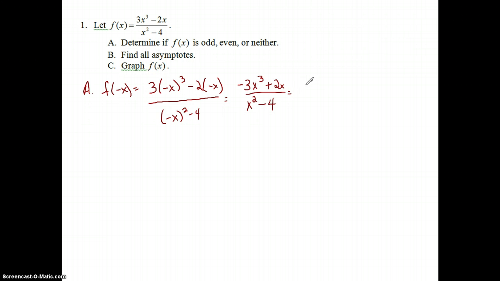We're going to factor out a negative from the top, over x squared minus 4. Now this negative at the top is the negative for the whole thing. So this is negative, and then the whole thing is 3x cubed minus 2x over x squared minus 4.